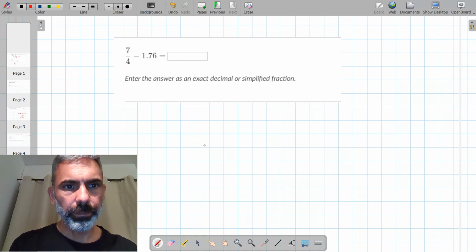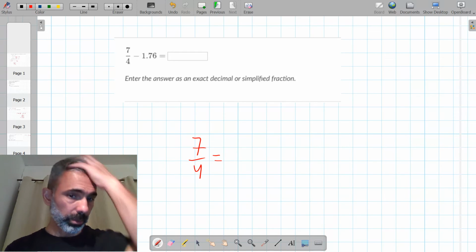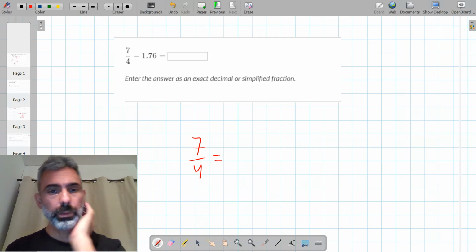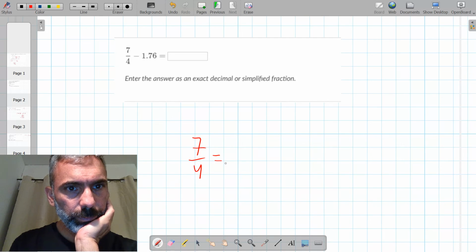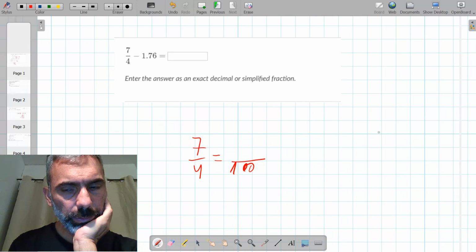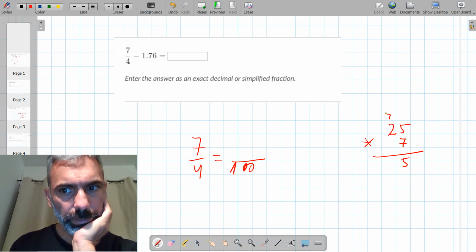Okay, so 7/4, and if I translate it to a decimal, 4 times 25 is 100, 7 times 25 is 175. 25 times 7 is 35, 7 times 2 is 14, plus 3 is 17.